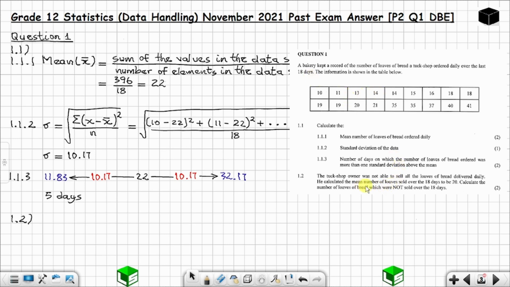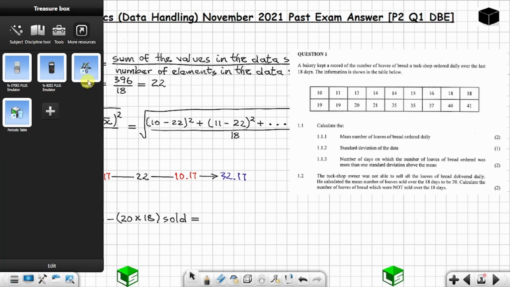But it happened that the tuck shop owner only sold 20 per day. Okay, so now you need to calculate the number of loaves of bread which were not sold over the 18 days. Okay, so you have 396 ordered, right? Minus what is sold. So you have 20 times 18. So this is what is sold. Now you are going to find the number of loaves of bread which were not sold.